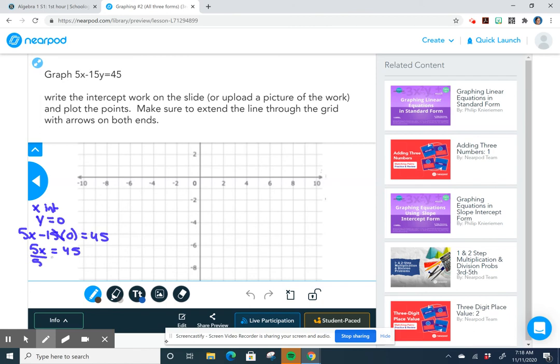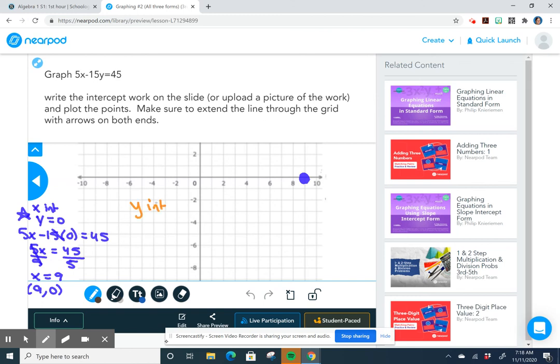Divide by 5 on both sides, we're going to get x equals 9. Now to make that an ordered pair, remember I already gave you y equals 0. So then we have 9 comma 0. 9 comma 0 on the x-axis is all the way to the right, where it is at 9, and then we don't go up or down any, so that's why it's right on the x-axis.